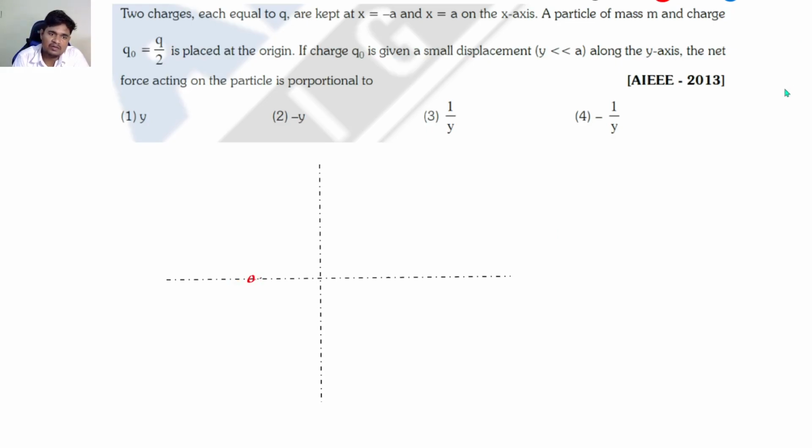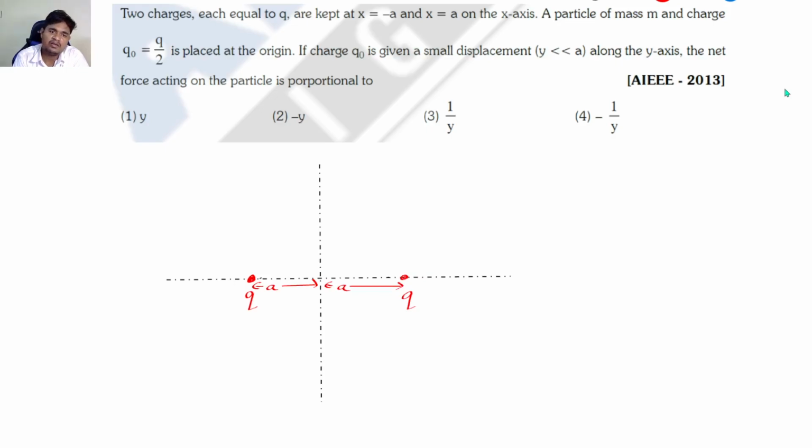So one particle is kept here, that is q. Another particle is also kept here, that is again q. This distance is given to us, that is a from here, and this is also distance a from here.